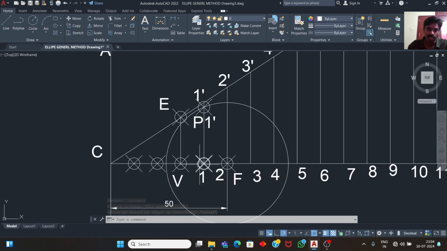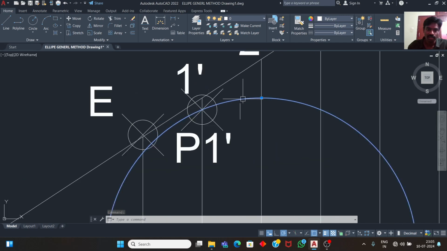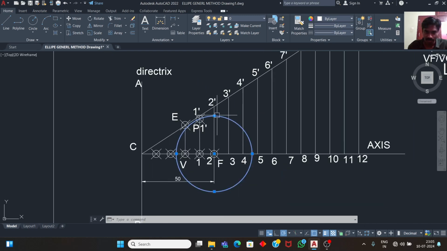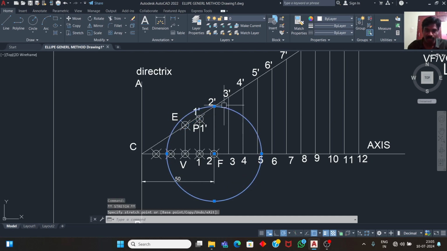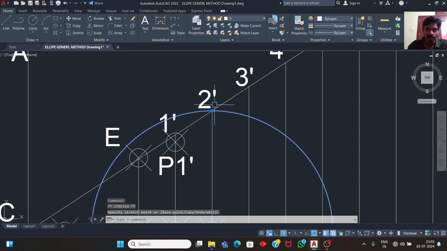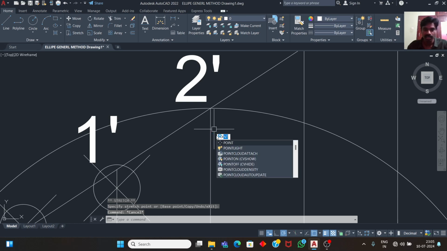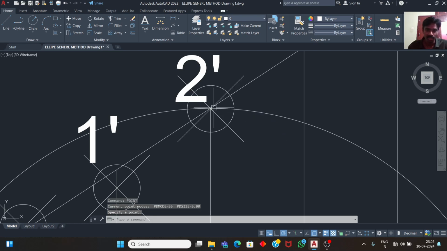So 1 to 1 dash as the radius, F as the center. The circle and this perpendicular line will meet at the point P1. In similar manner, 2 to 2 dash as the radius, F as the center. We get a point on this 2 dash.